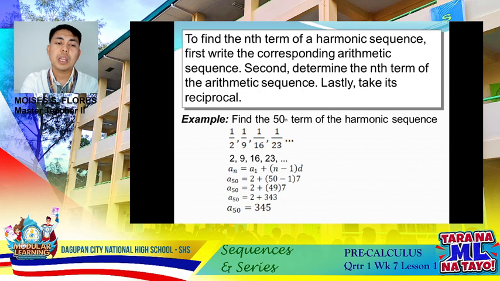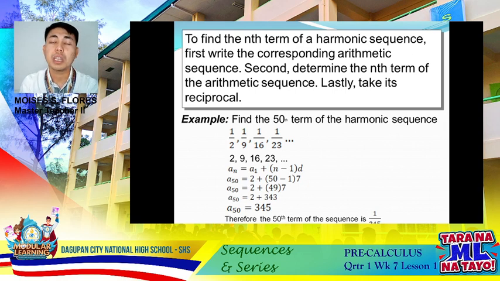So our 50th term is 345, but we do not stop there, because we need to take its reciprocal. So the 50th term of this harmonic sequence is simply 1 over 345. Okay, that is for harmonic sequence.